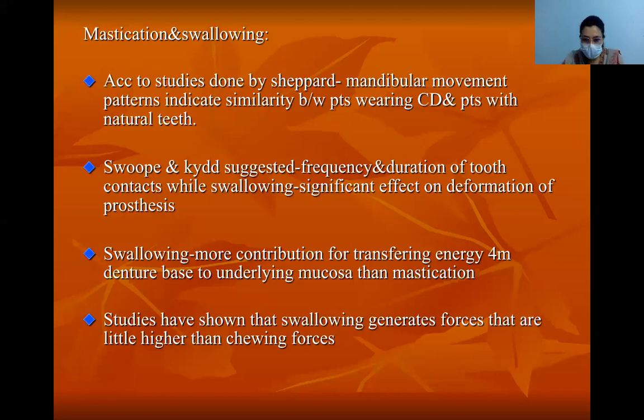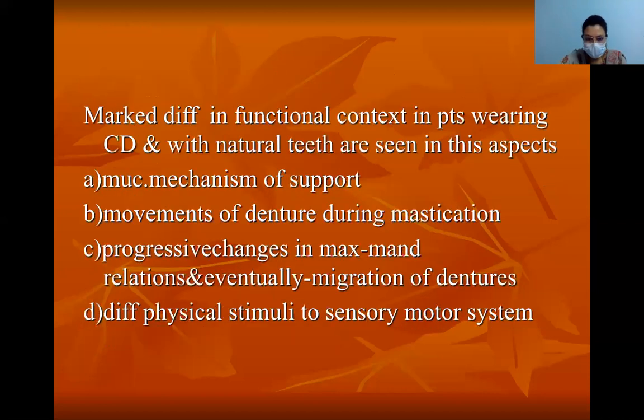Swallowing contributes more to transferring energy to the denture base and the underlying mucosa than mastication. That is very obvious because we do more swallowing throughout the day than we eat food. Studies have shown that swallowing generates forces that are a little higher than the chewing forces. A marked difference in the functional content in patients wearing complete dentures and with natural teeth is seen in this aspect.